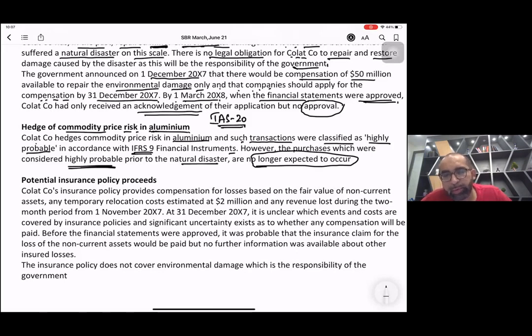For highly probable forecast transaction, we do cash flow hedge accounting. Okay. Now, you have read this. Yes, excellent. Some students have given me the solution even, but I'll explain you, don't worry.